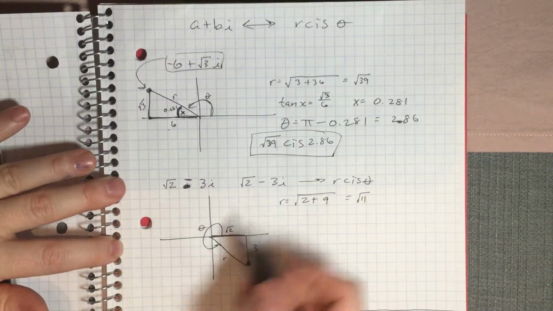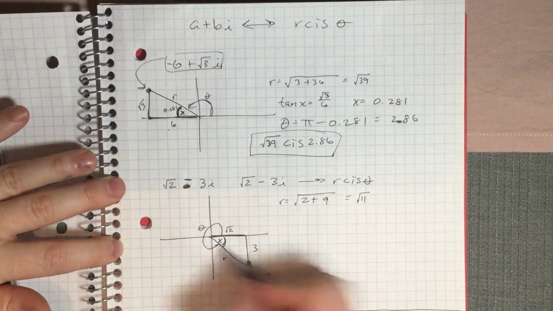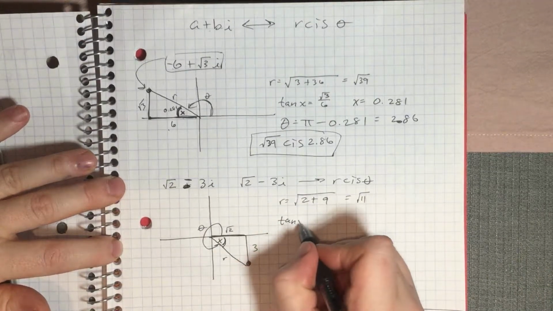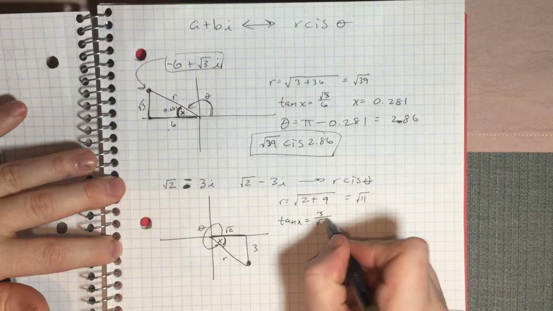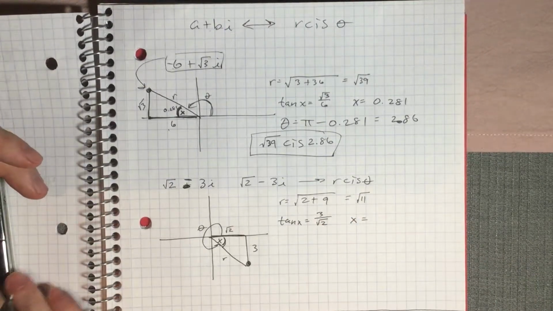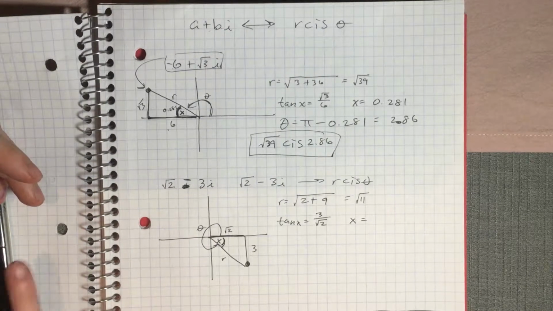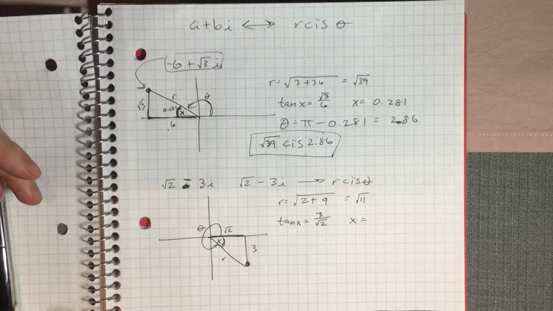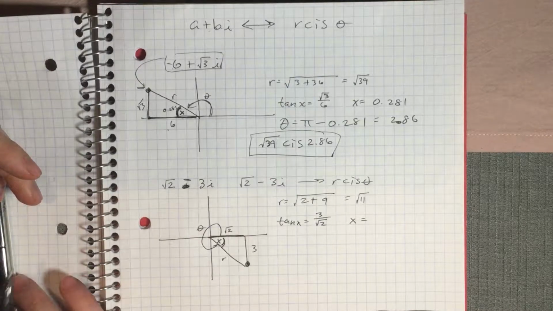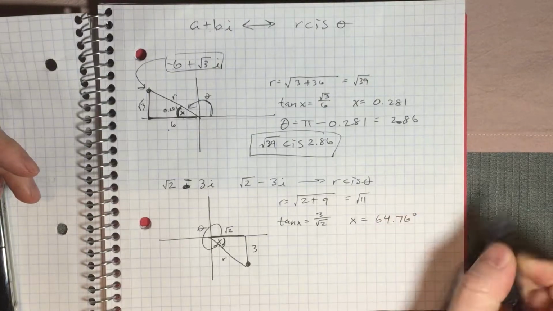To find our theta, we need to find that reference angle first. So to find that reference angle, I'm going to say the tangent of x is 3 over square root of 2. We'll do this one in degrees since we did the last one in radians. So I put my calculator in degree mode, and I do second tangent of 3 over square root of 2, and I get 64.76 degrees.